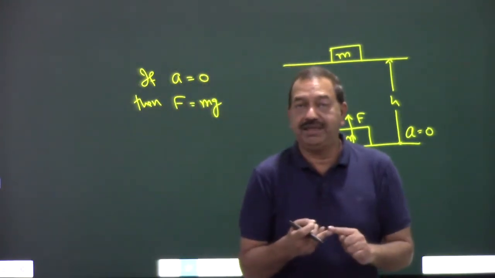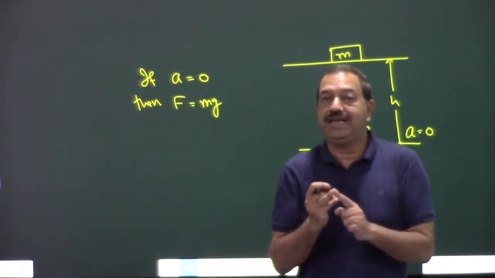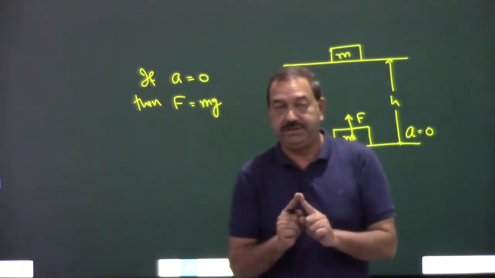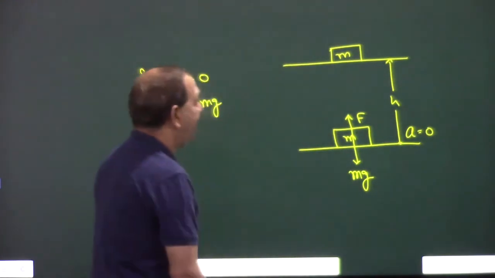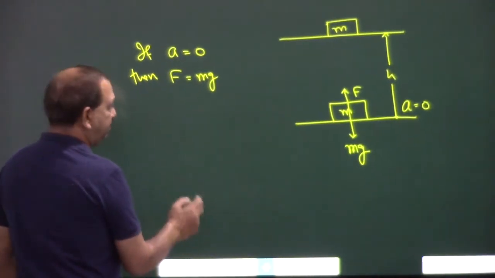Acceleration being 0 means the net force on the system is 0. Here are only two forces acting on the system. One is F and another is mg. So F should be equal to mg. Now let us find out the work done.